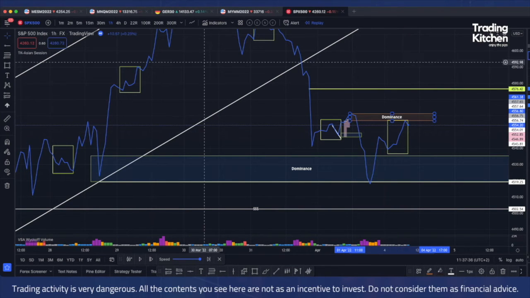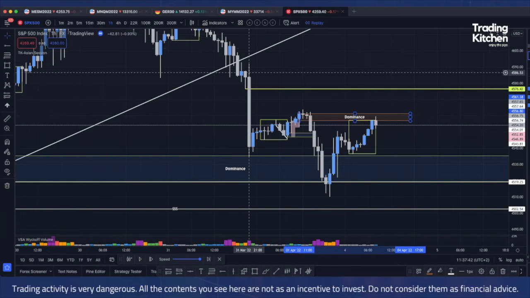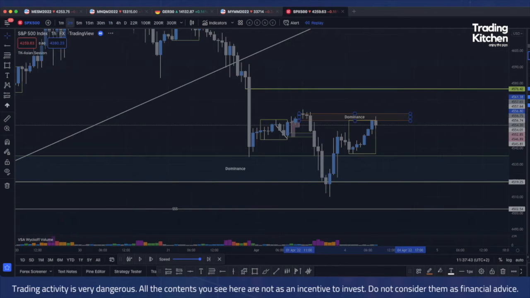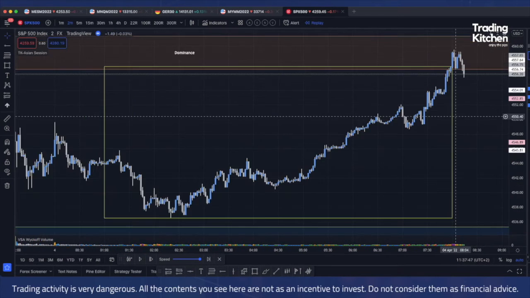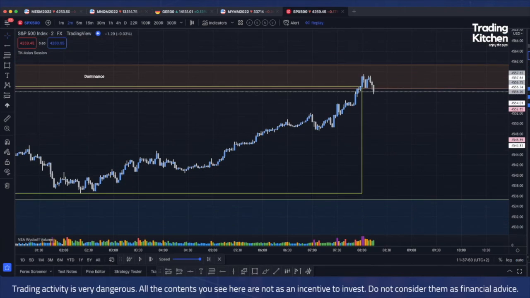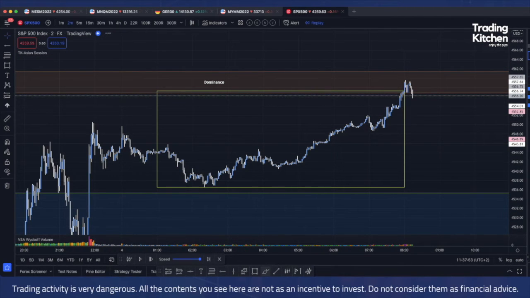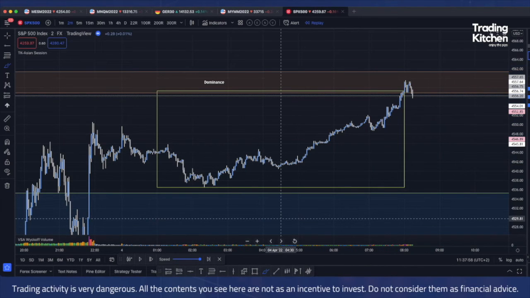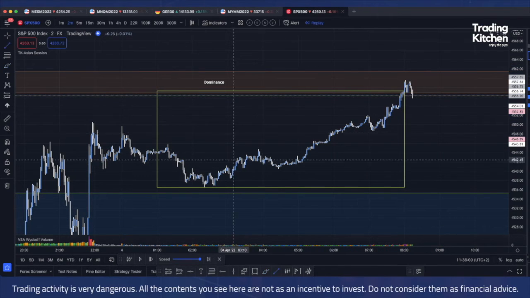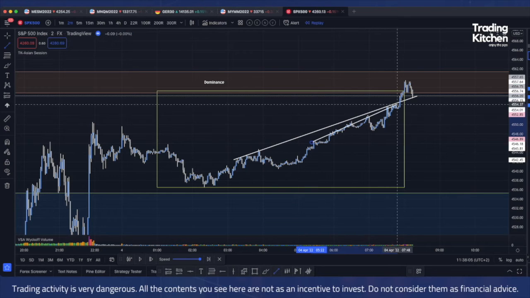So let's move again to the candles graph and the 2 minutes. What I expect at the end of the Asian session is something like this. Everything is in confluence. We also have this kind of pattern.